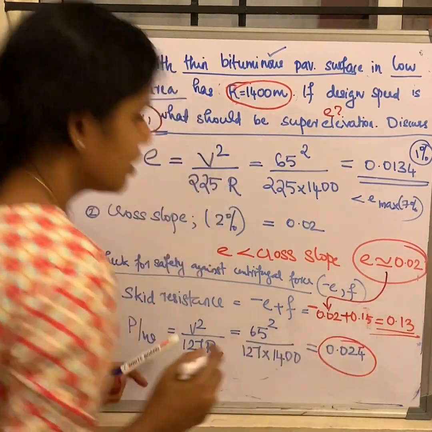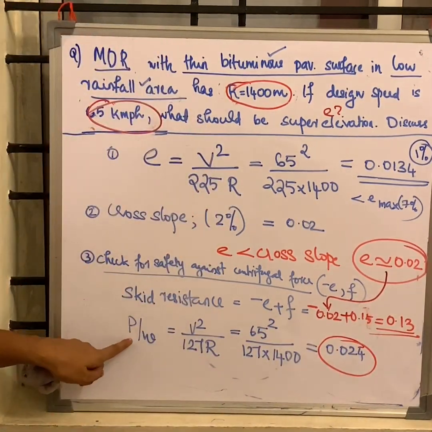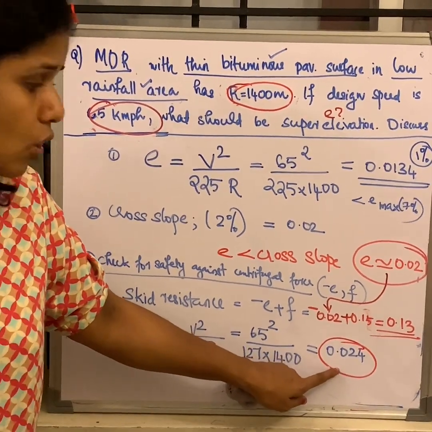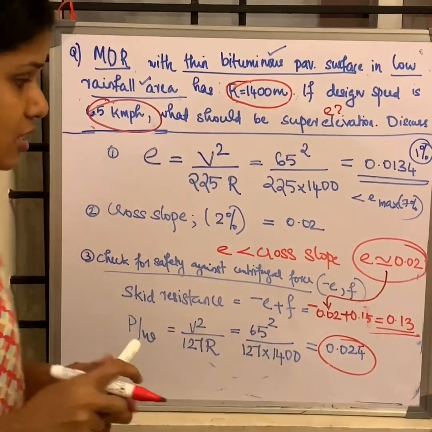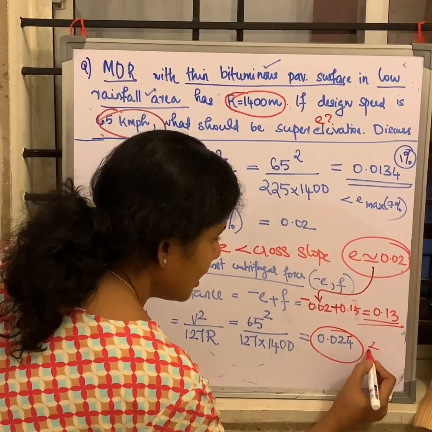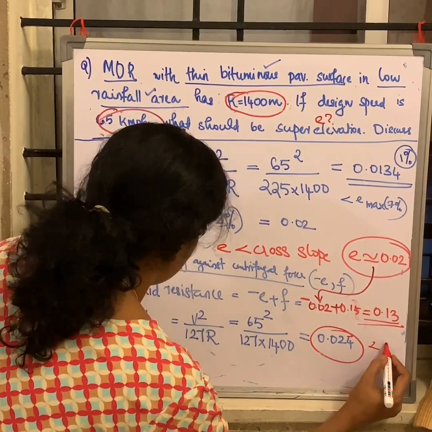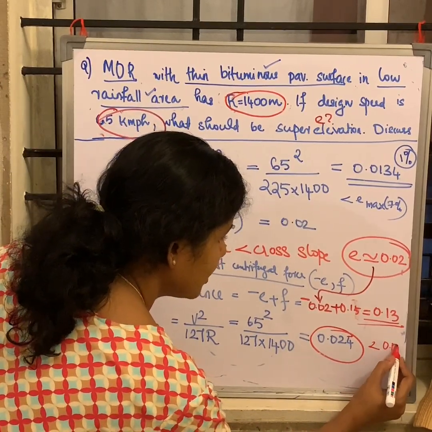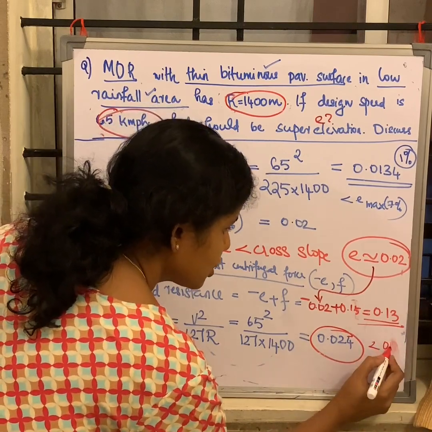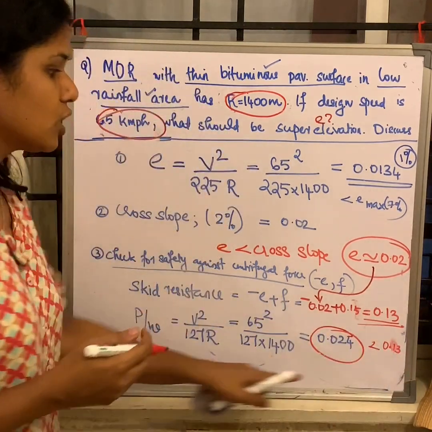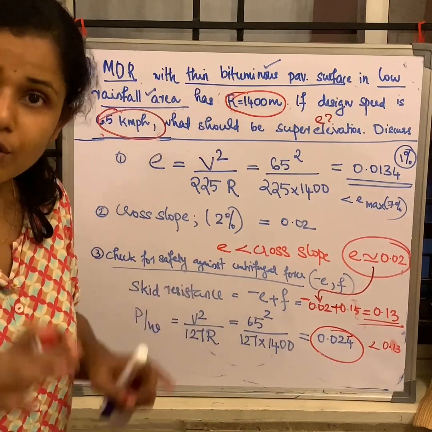Now let's look at both values and compare them. You understood that the centrifugal force developed is 0.024, which is quite less than the skid resistance 0.13. That means the frictional force is in a position to control the situation.